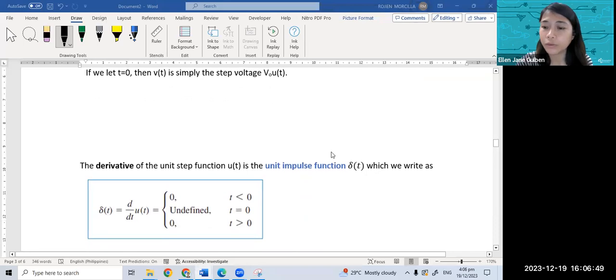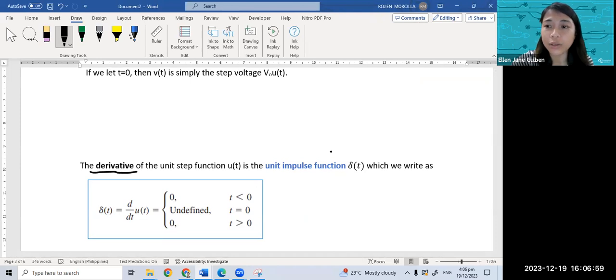Okay, we will move on to the unit impulse function. Because the unit impulse function is actually just the derivative. Okay? So if you differentiate the unit step function, like this one, du of t over dt, you will get the impulse function. And what does it look like?